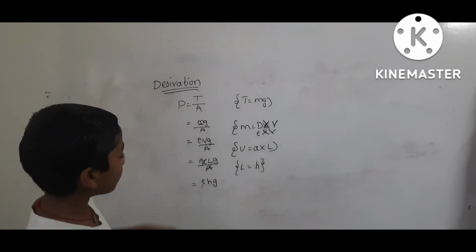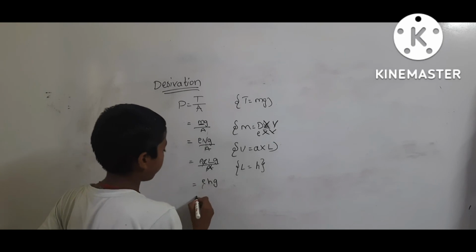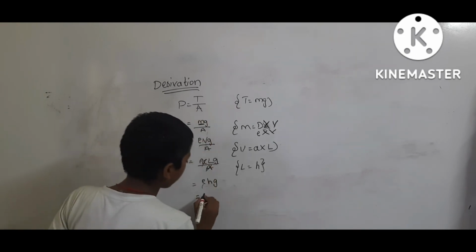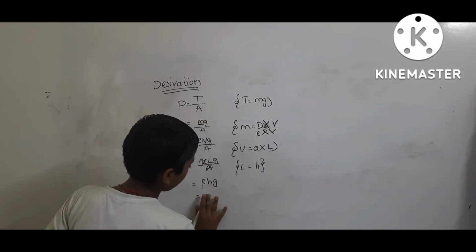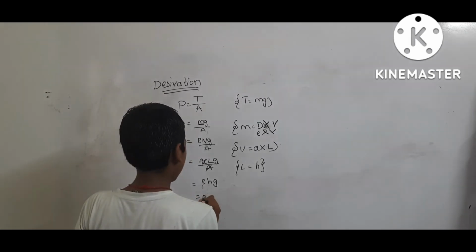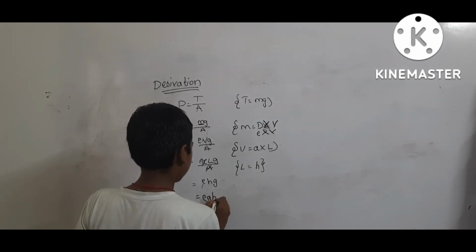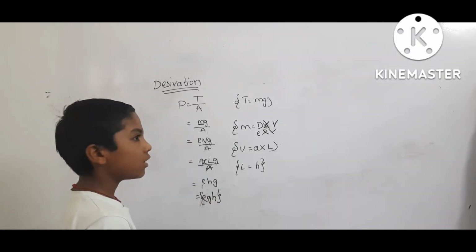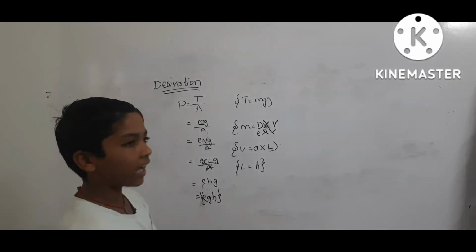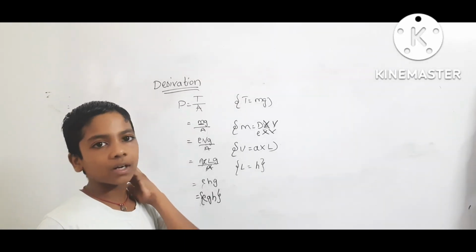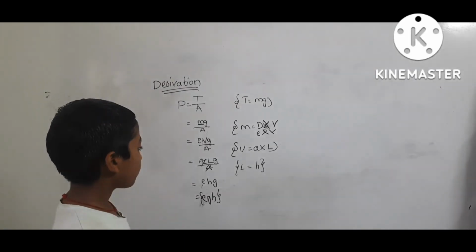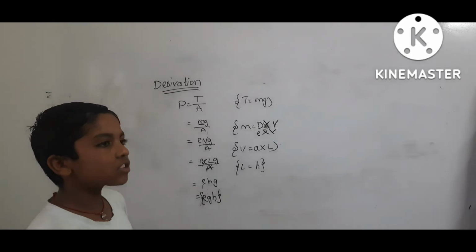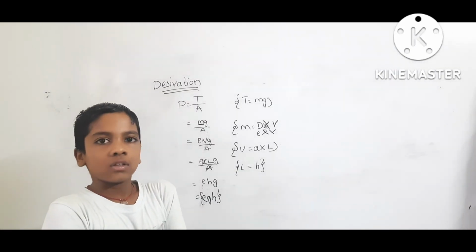This is the derivation of fluid pressure: rho g h. Rho means density, g means gravitational value, and height is nothing but depth in fluid pressure. Okay friends, this is the derivation of fluid pressure.